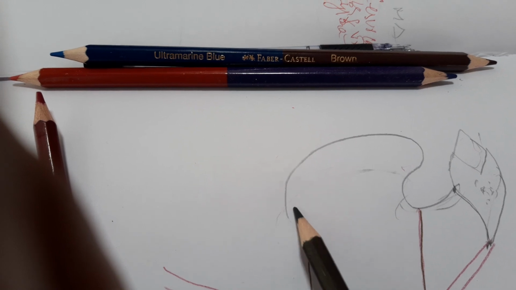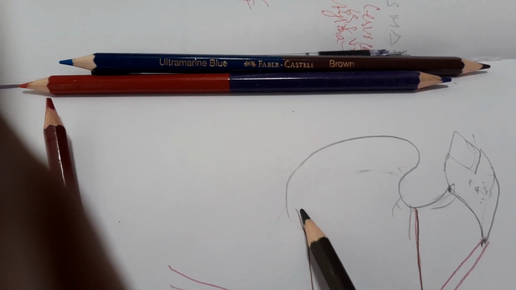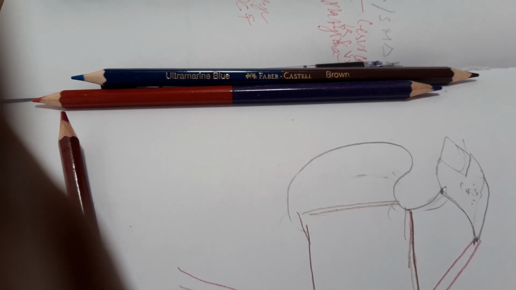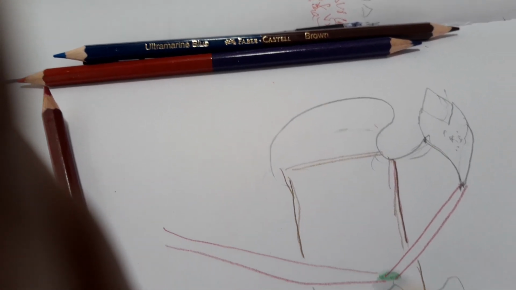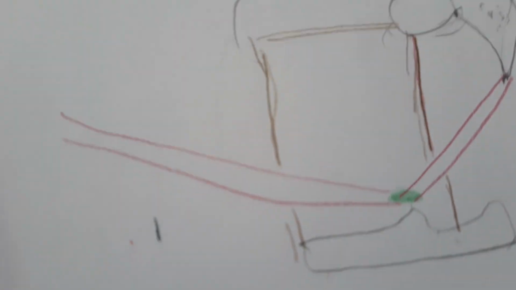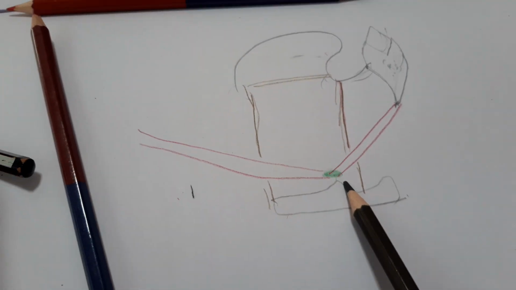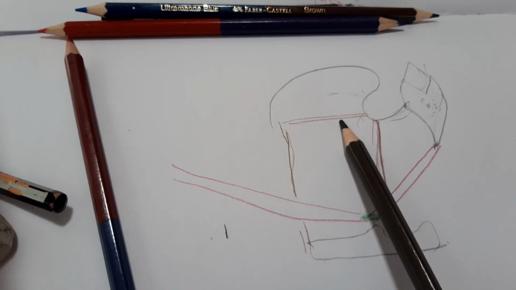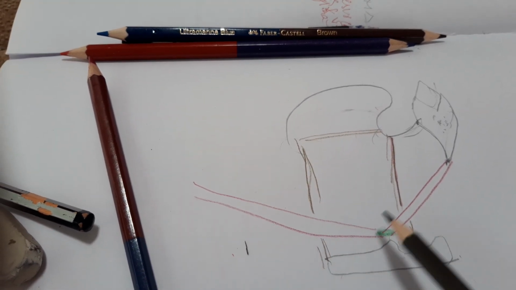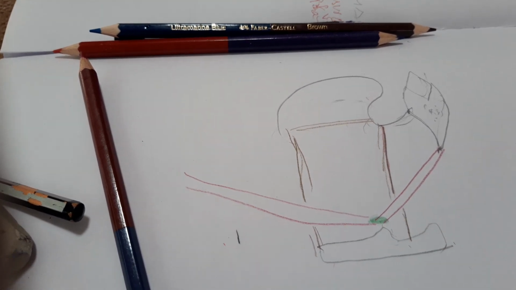This quadrangular muscle whatever I have written here is nothing but your hyoglossus. It is taking origin from the hyoid bone and it is getting inserted to the side of the tongue.